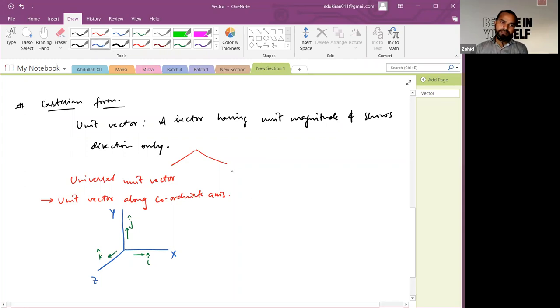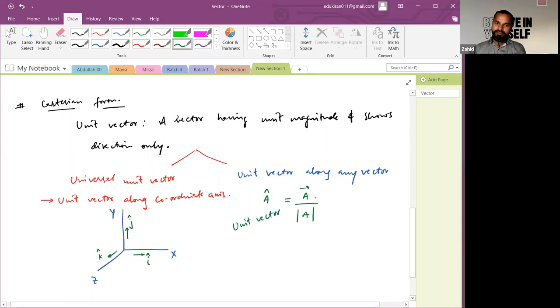There is another, which is called unit vector along any vector itself. Let's say A is any vector. We have to define the unit vector along this, so it will be A cap, and it will be the vector divided by its magnitude. So this A cap is nothing but the unit vector.